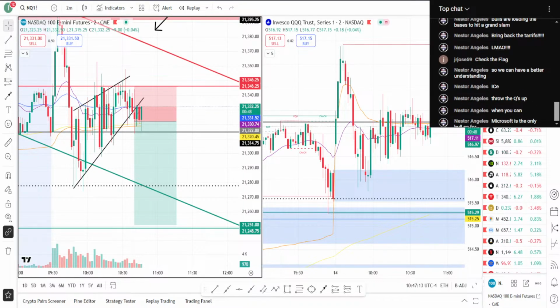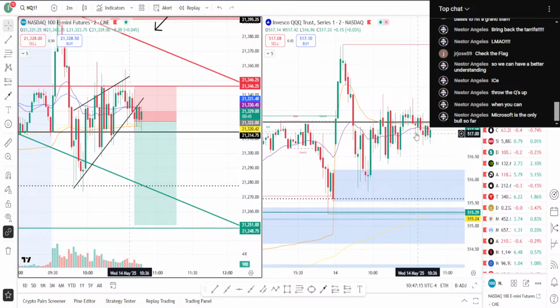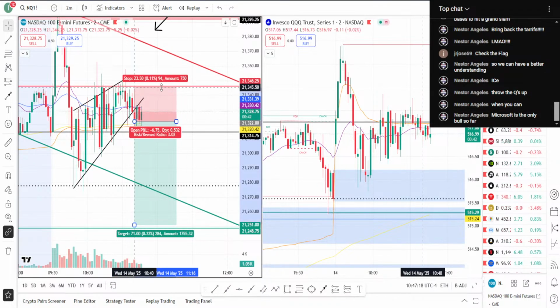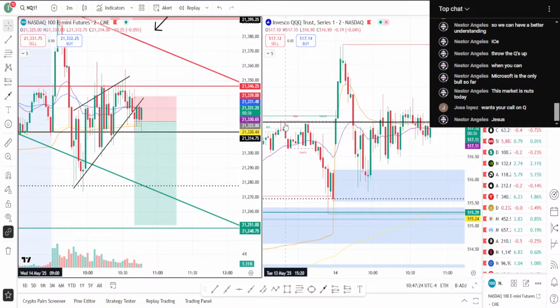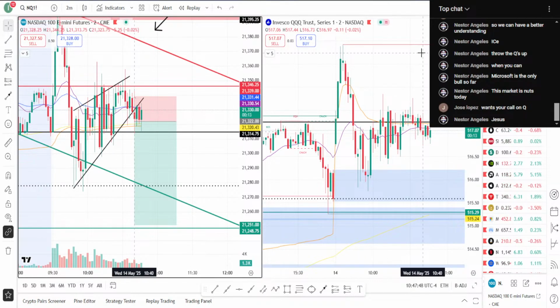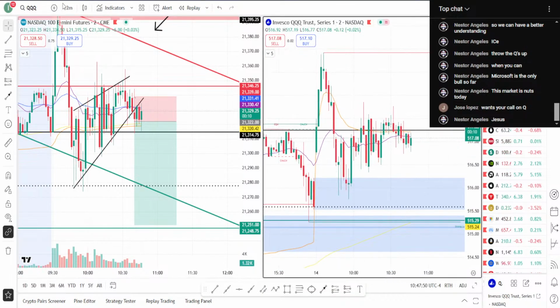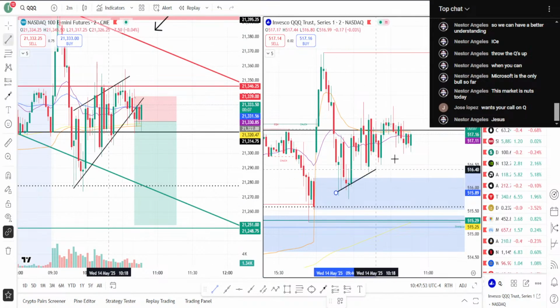Okay, let's go with that. This is the same flag here as well on the cues.